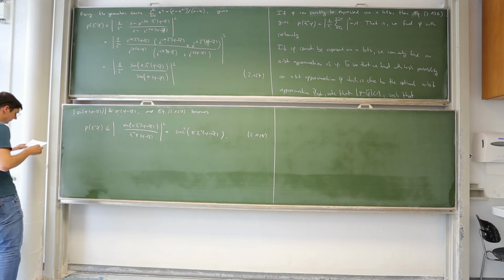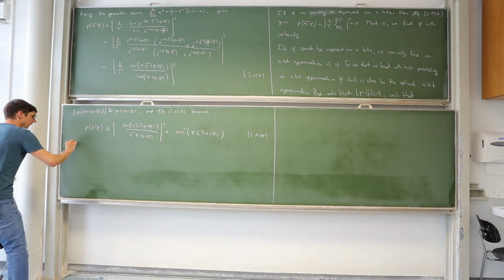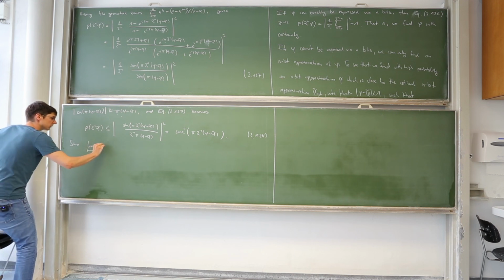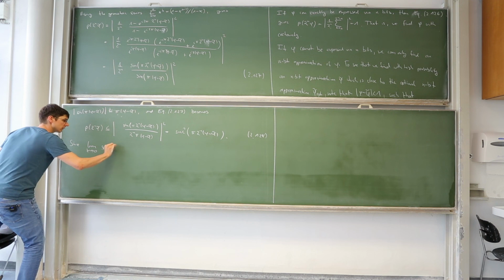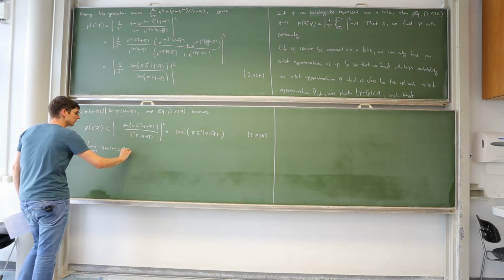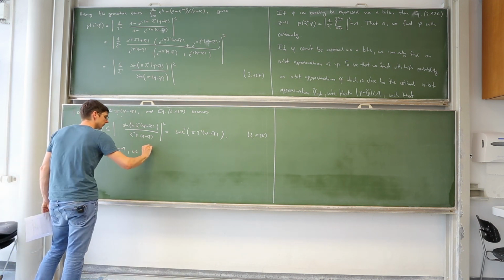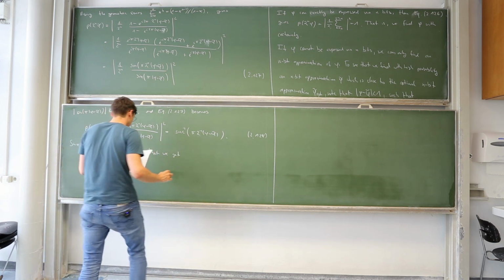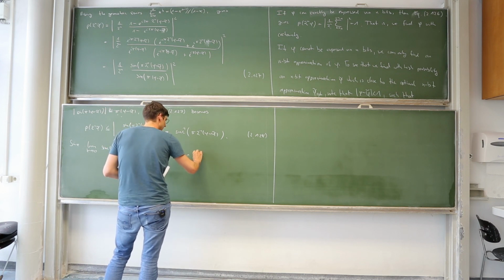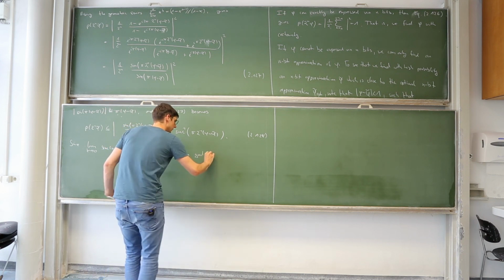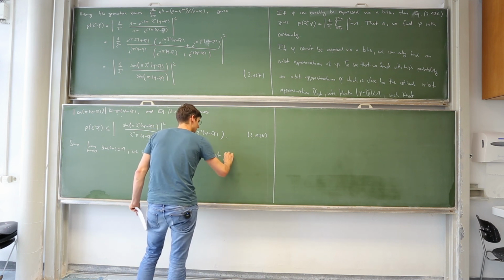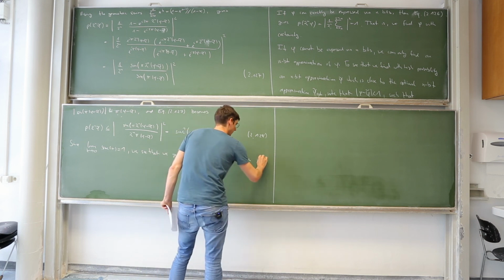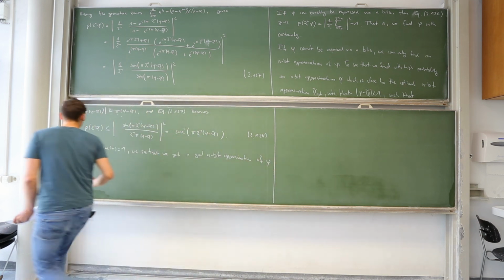And we know that in the limit x equal to 0, the sinc function, so sinc of x, is 1. We see that we get a good n-bit approximation of phi with high probability.